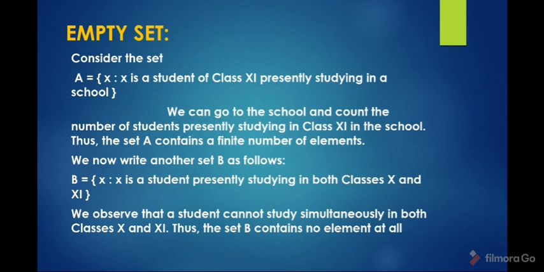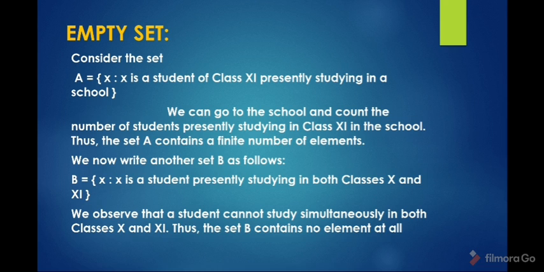set A. Now consider another set B. B is the collection of all students presently studying in both classes 10 and 11. Now you can observe that a student cannot study simultaneously in both classes 10 and 11, right?